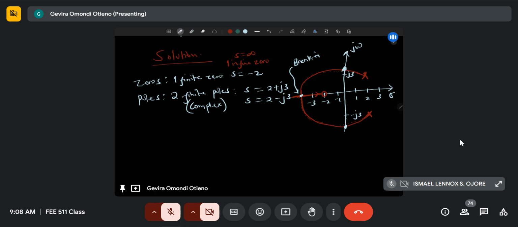So for example, let me try and use a different color to illustrate. Let's say this pole is moving like that, and it's the one that comes and terminates at this zero. Now that is one branch.